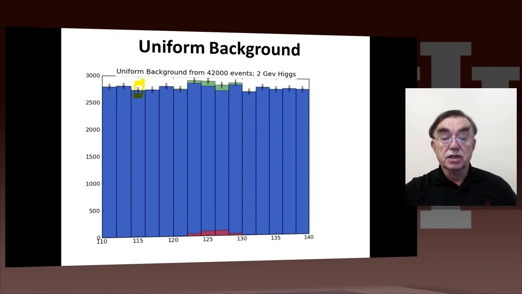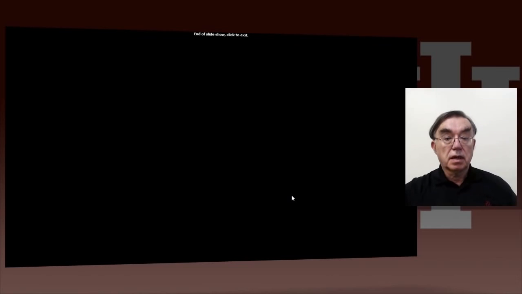And we have here the Higgs. Here we have the background, and the green is the signal plus the background. So that's the end for this lesson, and we will continue our discussion next time. Thank you very much.